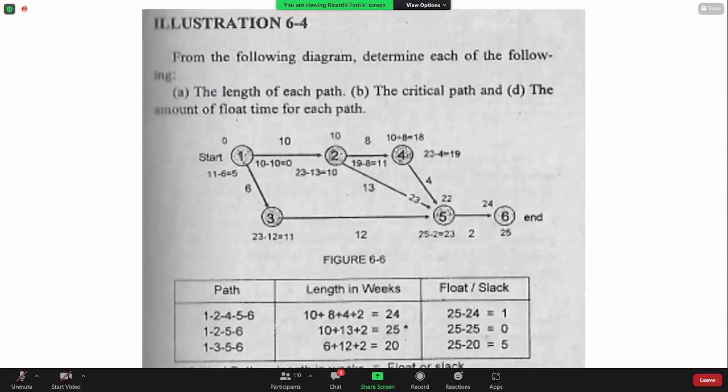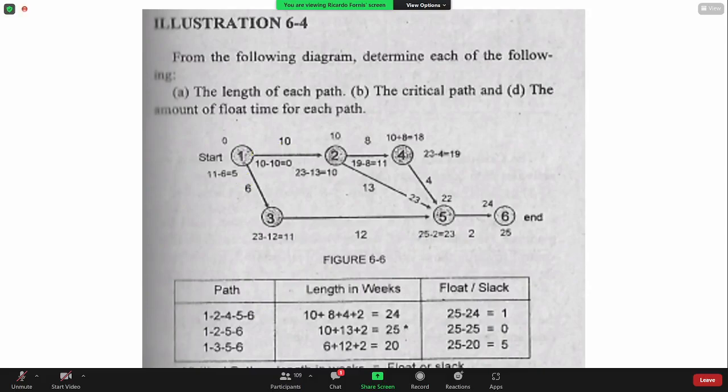The example from earlier. From the following diagram, determine the following: the length of each path, the critical path, and the amount of float for each path. Okay, here are our paths.